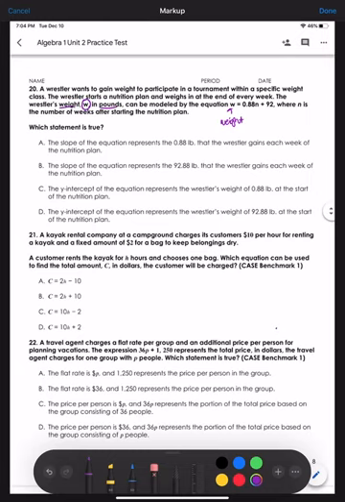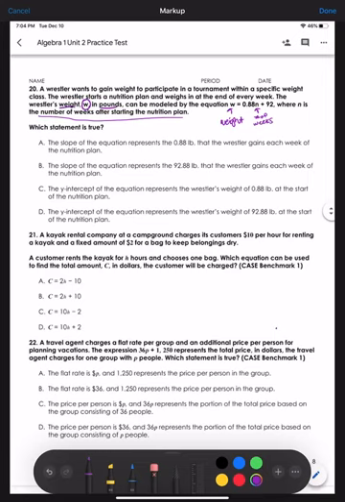Okay, at this point, I don't know what any of this means. So where n is the number of weeks after starting the nutrition plan. So n, this is the number of weeks that he's been on the nutrition plan or diet. So which statement is true? Okay, real quick, I'm trying to think what these numbers could mean.